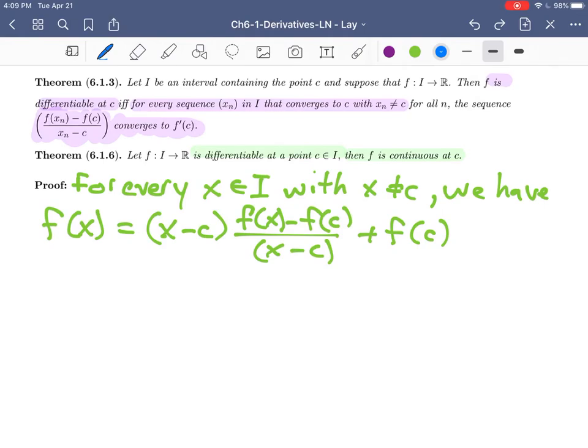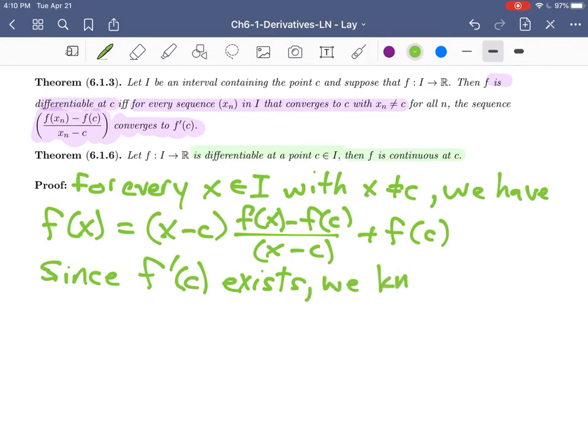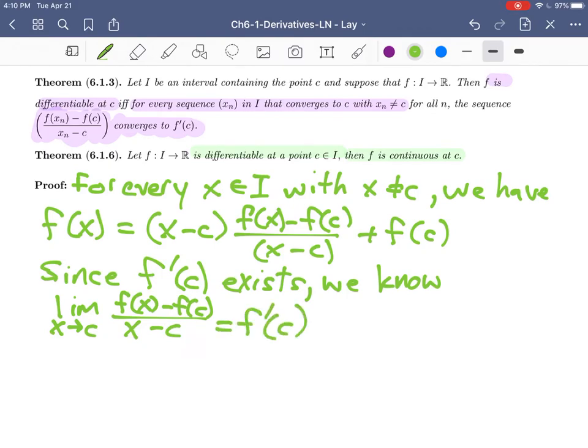And so now we can make the observation that since the derivative at c exists, we know that the limit of f of x minus f of c over x minus c is equal to some value, call it f prime of c.